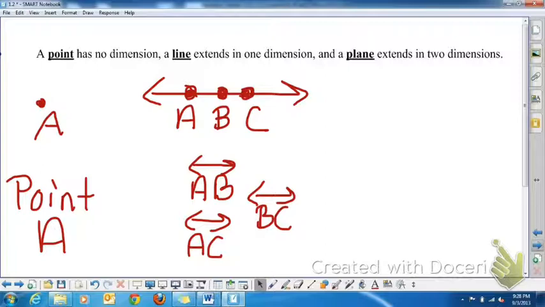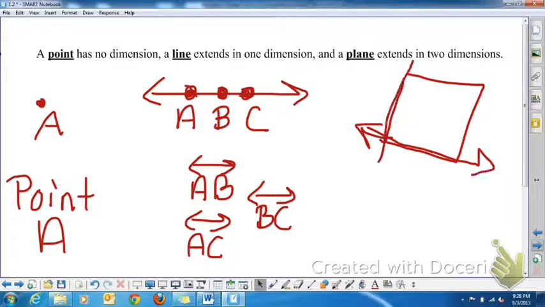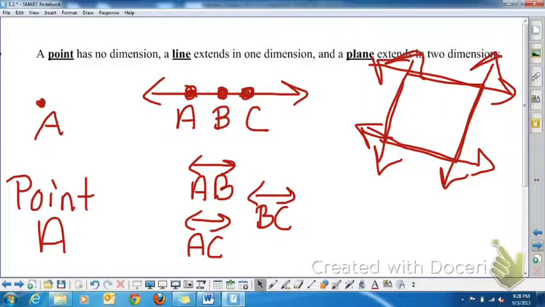A plane extends in 2 dimensions. It's got length and it's got width. And a plane is actually made of intersecting lines. It's represented by a flat surface that extends without end. It has no thickness. A plane contains infinitely many lines.